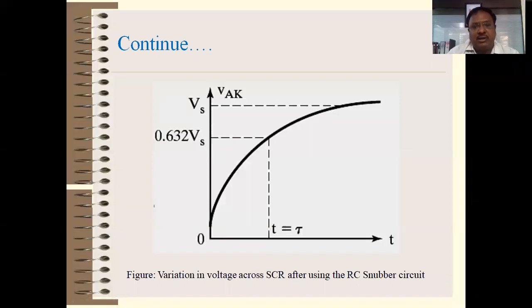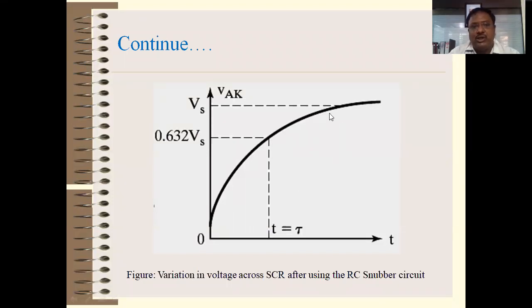At steady state, this capacitor starts to charge, so slowly the voltage across the capacitor becomes equal to Vs. And if you apply a gate pulse, then your thyristor turns on. The capacitor voltage increases slowly according to the RC time constant, tau, which depends upon the values of R and C.